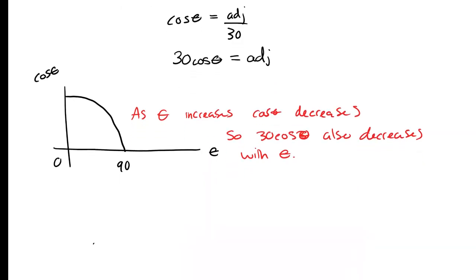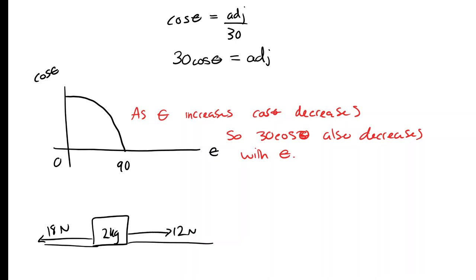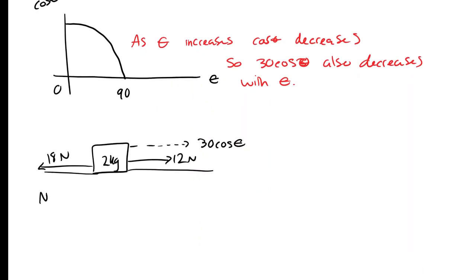We could redraw that picture with the 2 kilogram block, with 18 newtons pulling left, 12 newtons pulling right, and then a component of 30 cos theta pulling to the right. If we apply Newton's second law, we'll take right to be positive again.